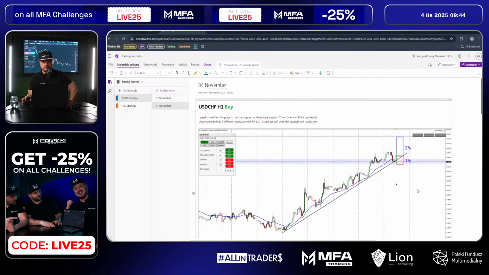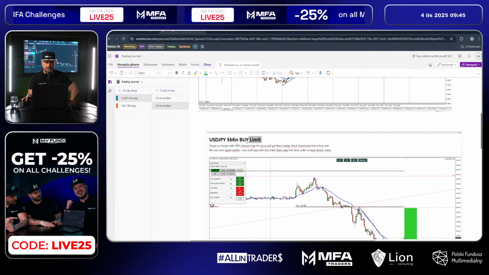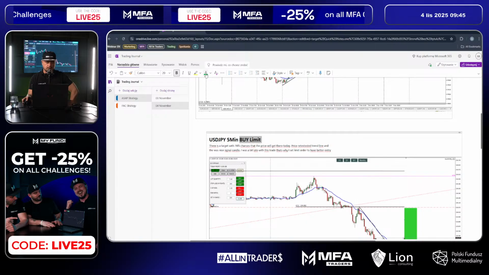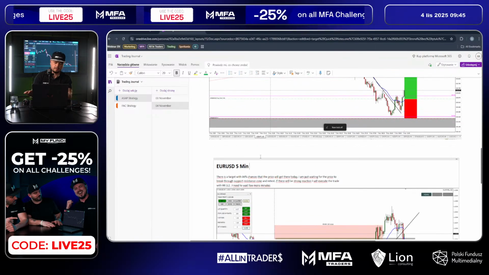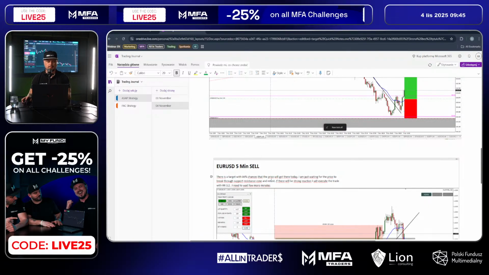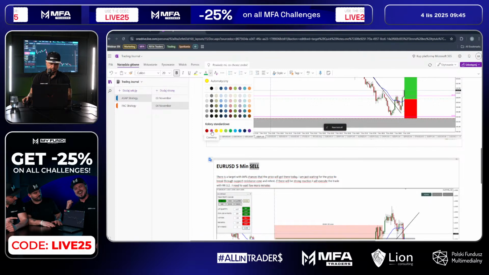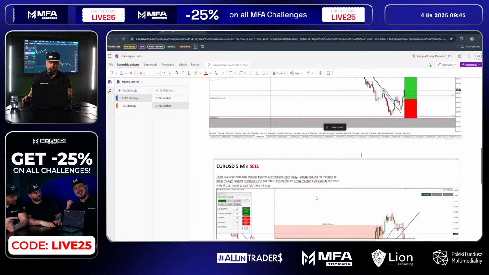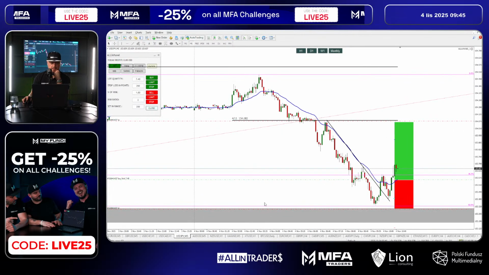Okay, we got 3 different plans already. It's looking good. Here we got buy limit, and over here we link to sell. Okay, let's move forward. We got still few other assets to check.